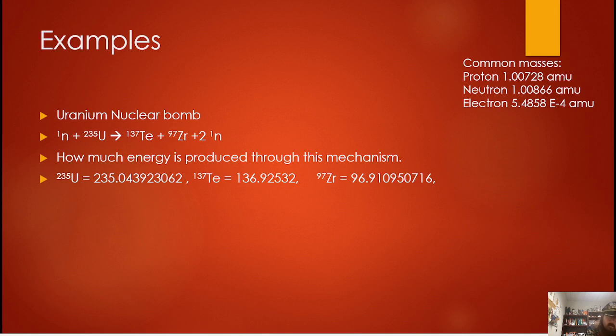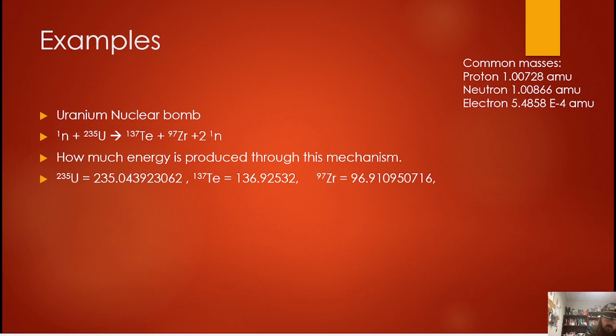One neutron, U-235, goes to tellurium-137 and zirconium-97 and 2 neutrons. The neutron is 1.00866 and uranium is 235.043923062.